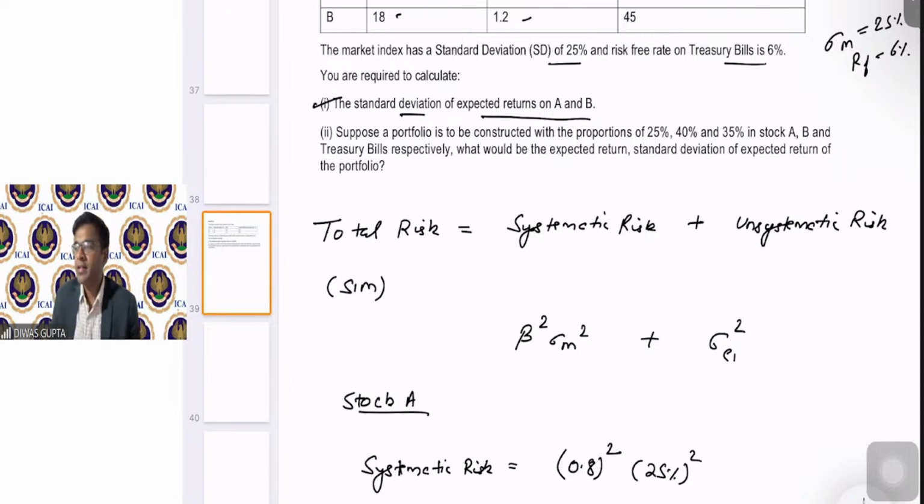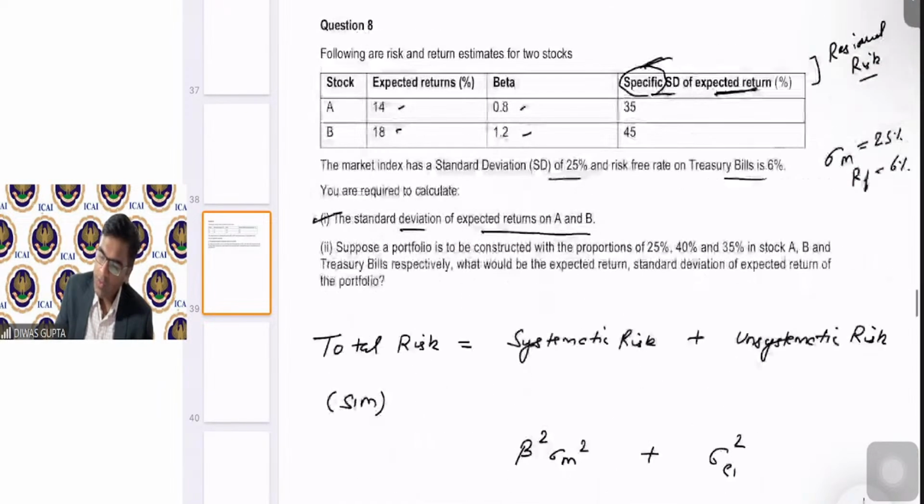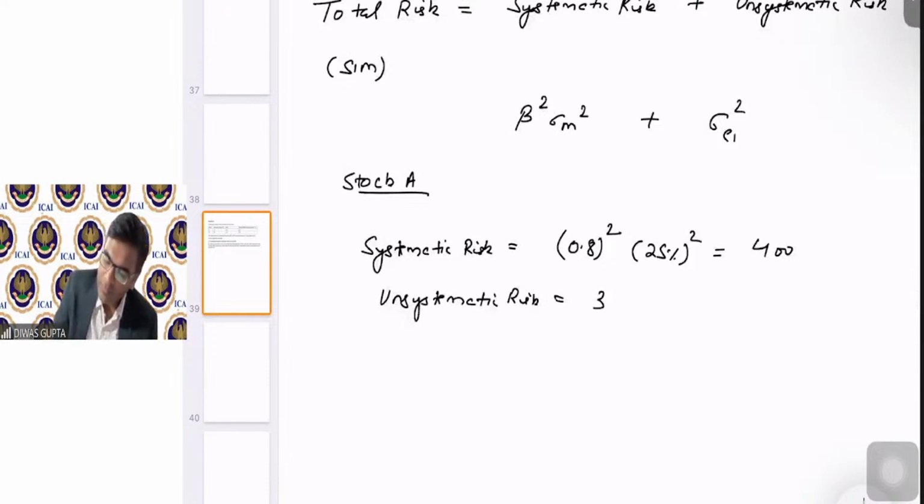Correct? This will give us the systematic risk, which is 400. Unsystematic risk is also given as 35 square, which will be 1225.